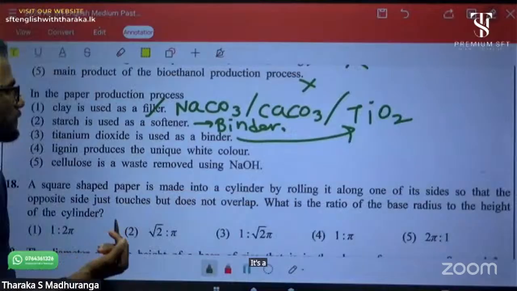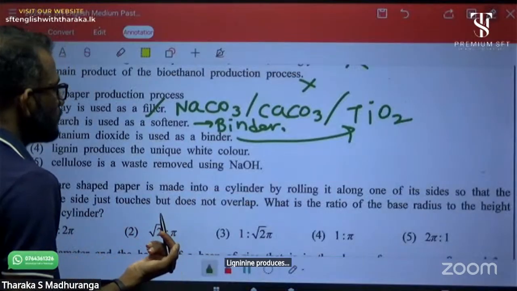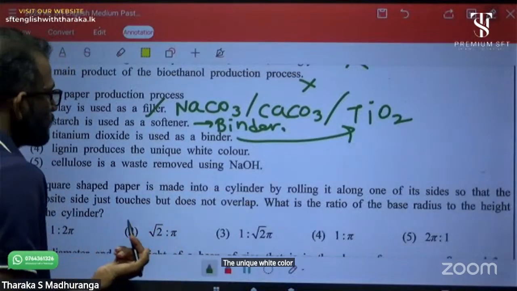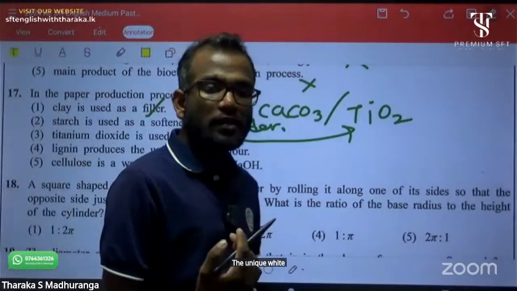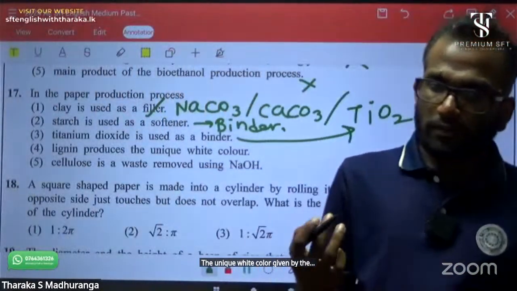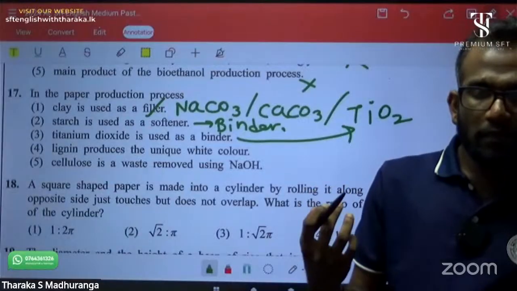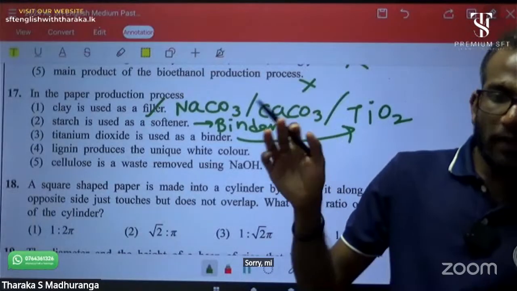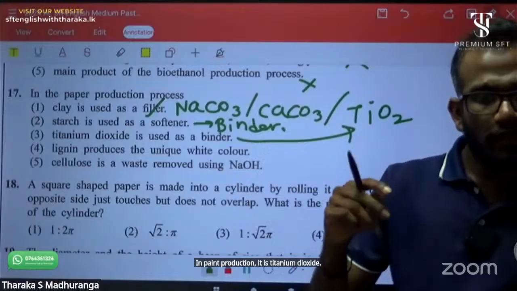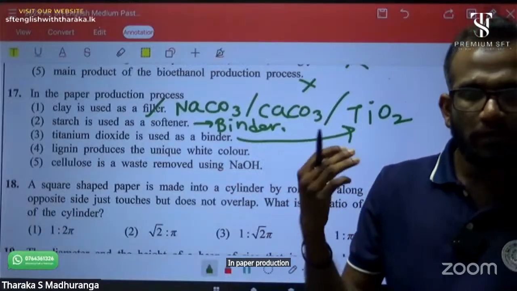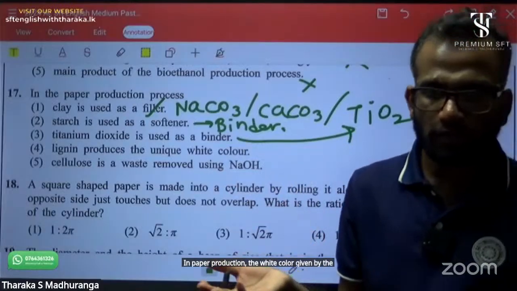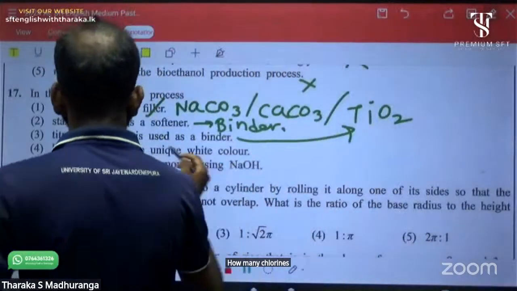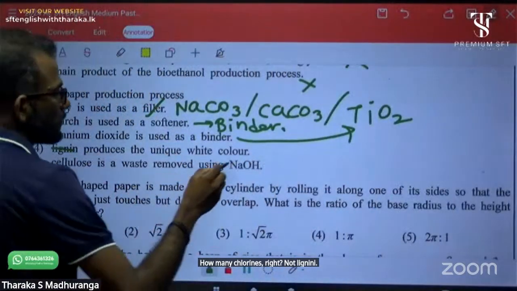Lignin produces the unique white color? No. In paper production the white color is given by the bleaching process, normally chlorine, not lignin.